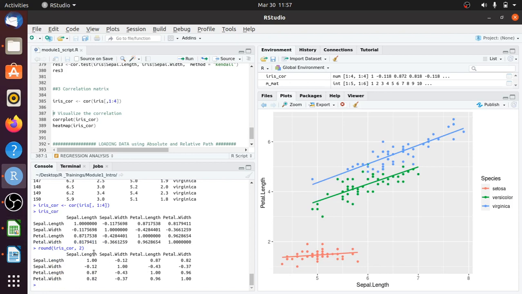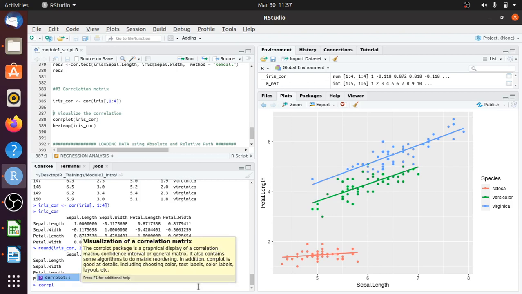So here, relationship between sepal length and sepal length. Here, relationship between sepal length and sepal width. Relationship between sepal length and petal length. Relationship between sepal length and petal width. The same thing here. That's the matrix that you have seen there. Now, with corrplot, we can change this into a diagram, graphics.